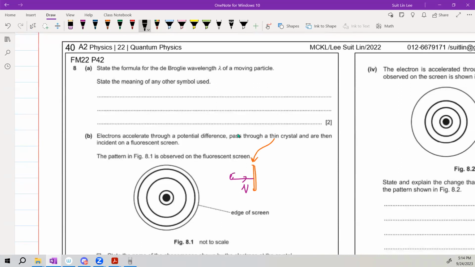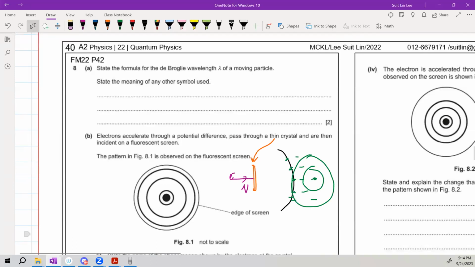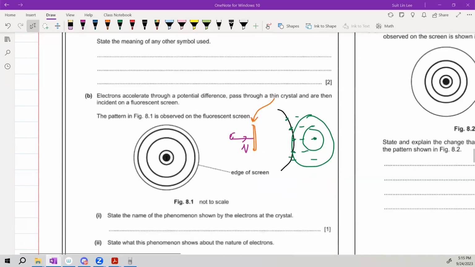Then it is incident on a fluorescent screen. On the screen, you'll be able to see these concentric rings. From the side view, you see just the bright dots. So this is what is observed on the fluorescent screen.